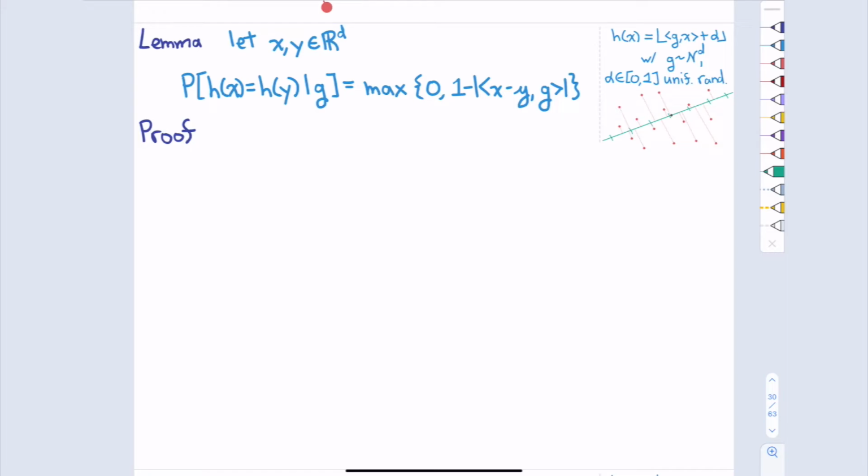So, all right, so what's going on here? So we're looking at g is fixed. Okay, so once g is fixed, xg and yg are fixed.